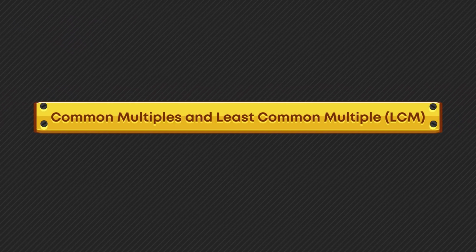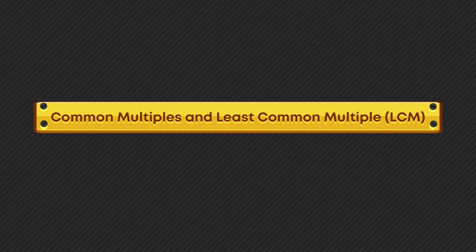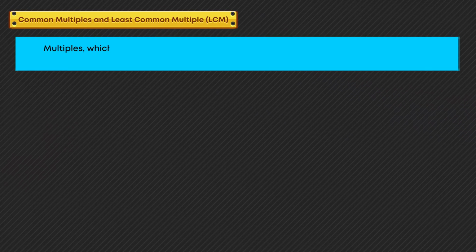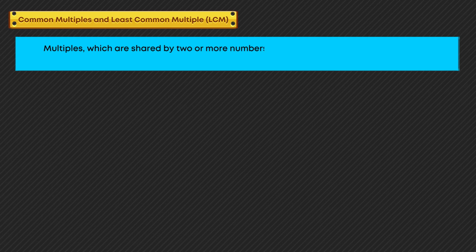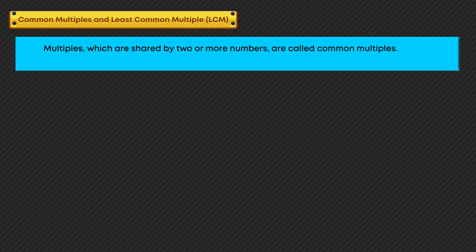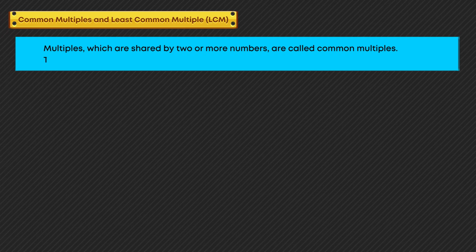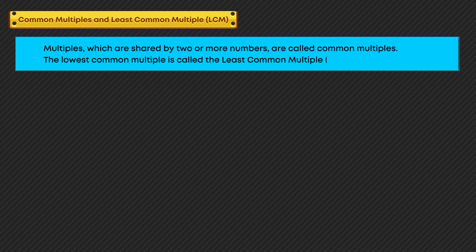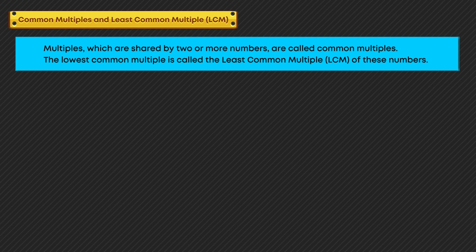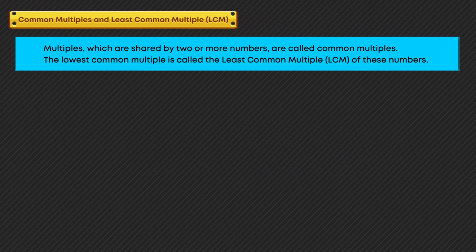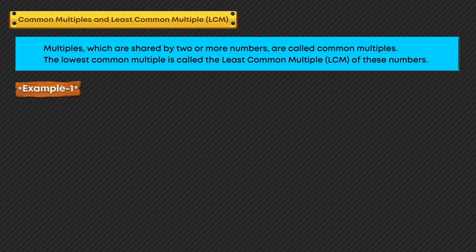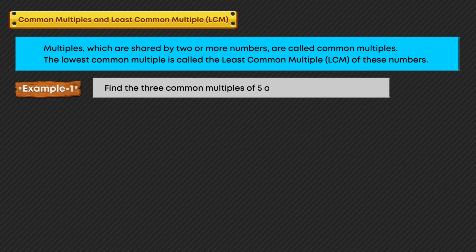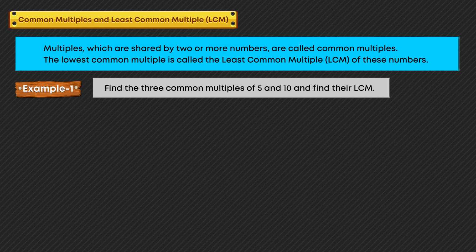Common multiples and least common multiple (LCM). Multiples which are shared by 2 or more numbers are called common multiples. The lowest common multiple is called the least common multiple (LCM) of these numbers. Example 1. Find the 3 common multiples of 5 and 10 and find their LCM.